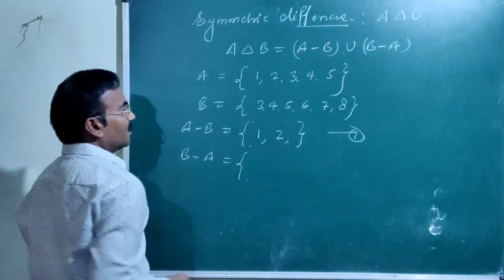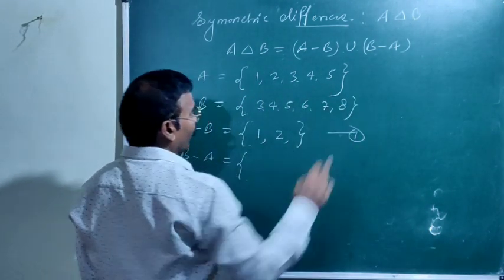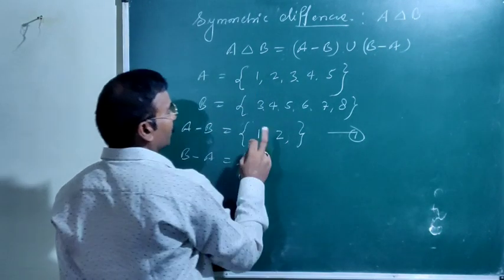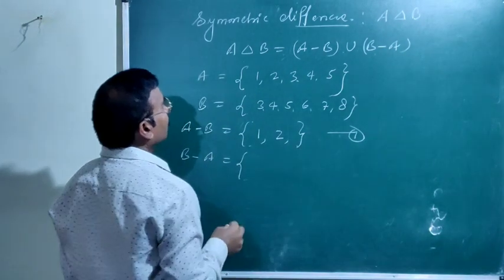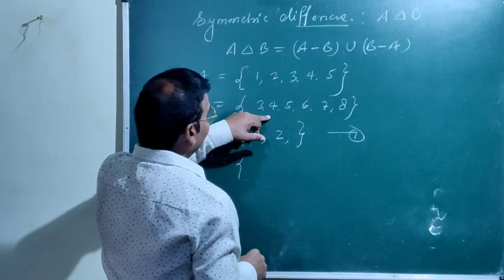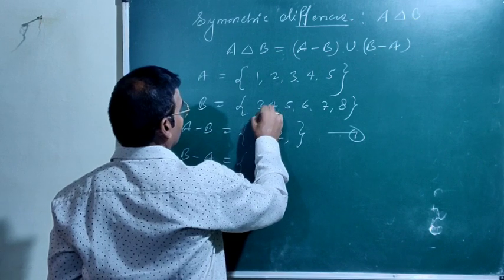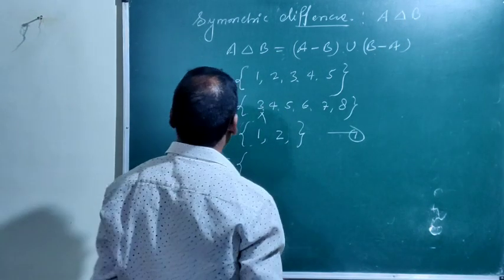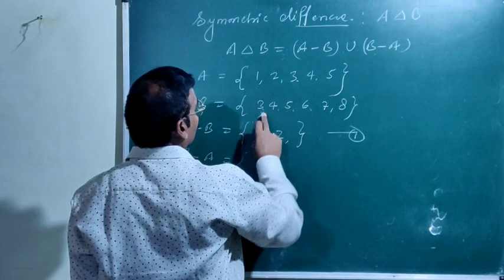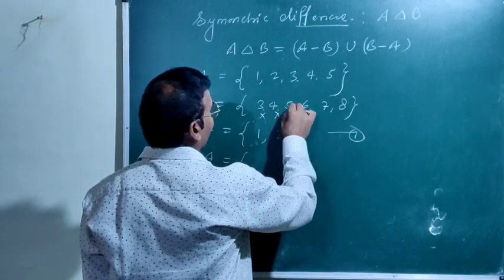The same process for B minus A: 3, 4, 5 you have to leave out.